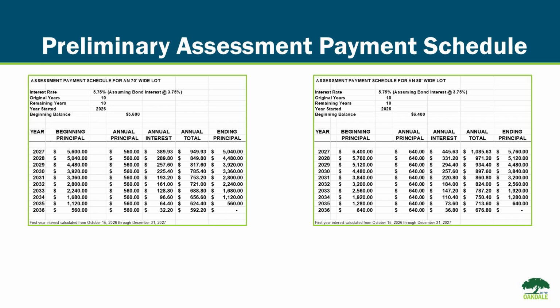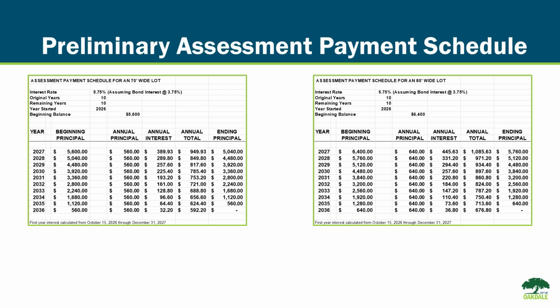If you take 80 feet times the $80 per foot, the starting balance is $6,400. Again, starting in May of 2027, 1/10 the principal is $640 plus interest on the unpaid balance of $445.63, for a total annual payment of $1,085.63. The last year of payment would be in 2036.